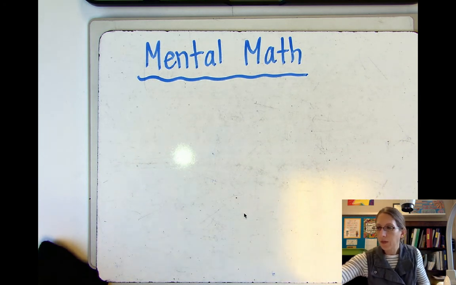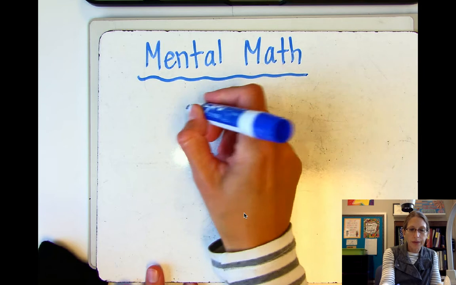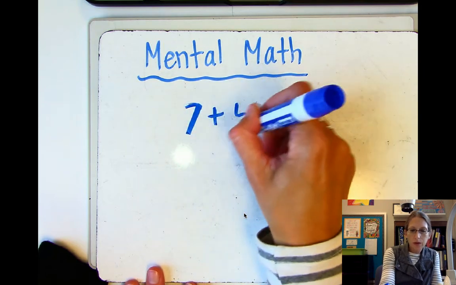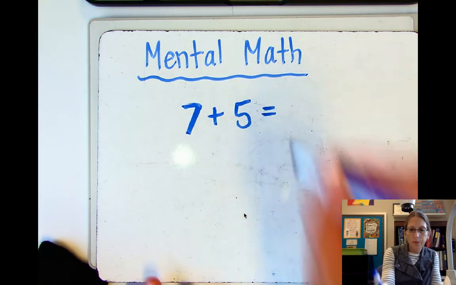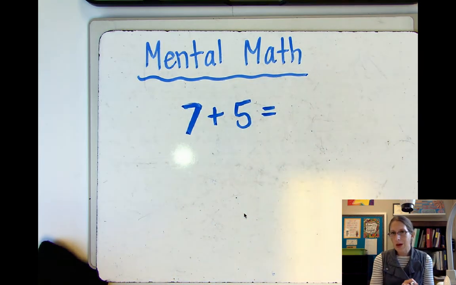So for example, if you saw a problem like this, 7 plus 5. Now there's a few different ways that we could find the answer. Think about how does your brain figure this one out?